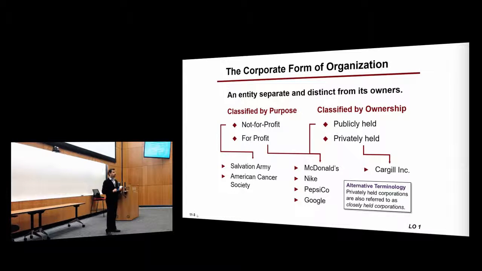Whether or not their main goal is to make money. Exactly. So when we talk about classification by purpose, it simply means: are we talking about a corporation that is created to make money, that's a for-profit company, or not-for-profit corporations.